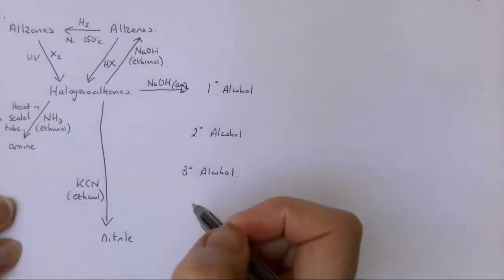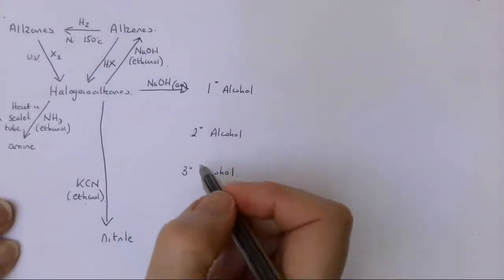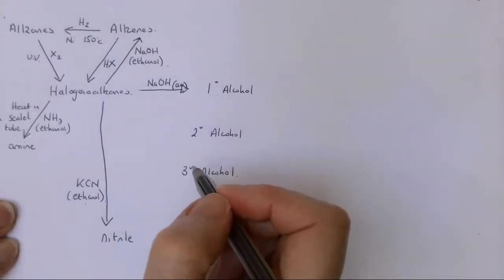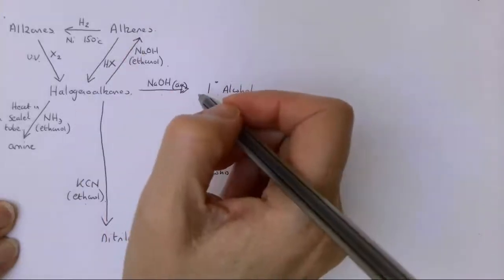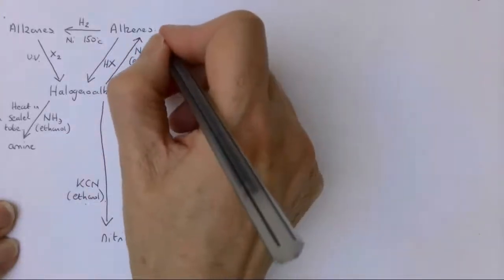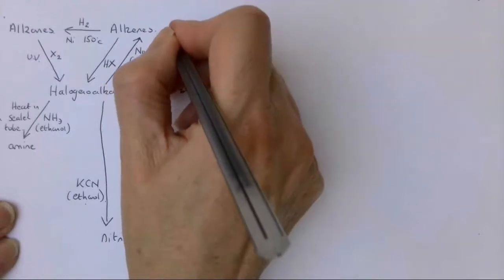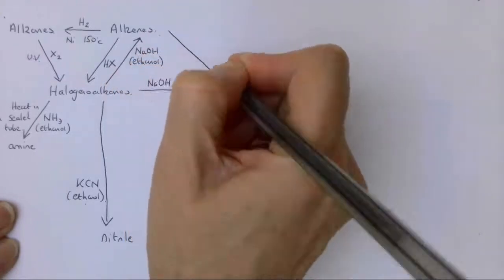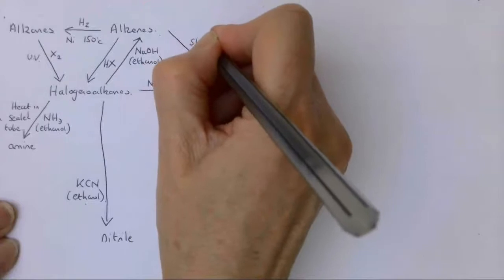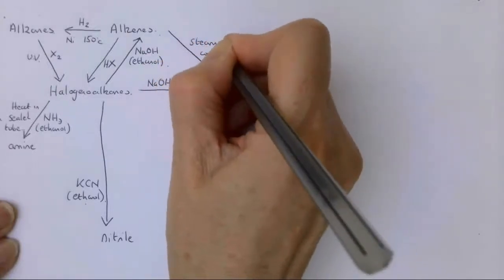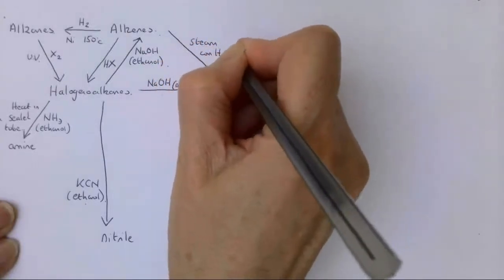The alcohols, we've studied them as well this year, and again there's lots of different reactions we can do with them. So the alcohols and the alkenes are linked. I can turn an alkene into an alcohol by adding steam and concentrated phosphoric acid, H3PO4.